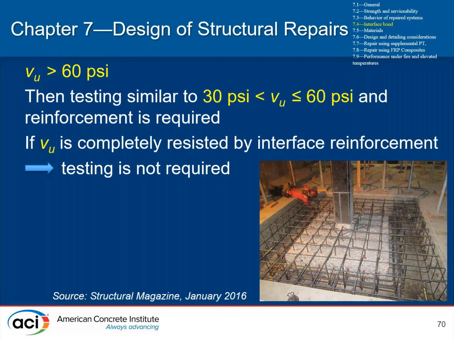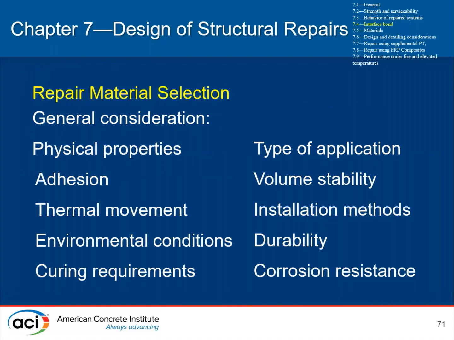And so in that case, and again, that 60 psi is basically 0.75 times the 80 psi that was referenced when we talked a few slides ago about from ACI 318. And so that's where that 60 psi derives from in helping evaluate whether the need for interfacial reinforcement.